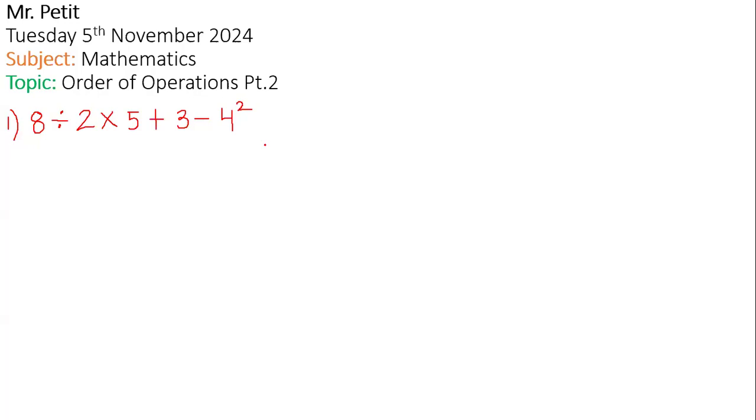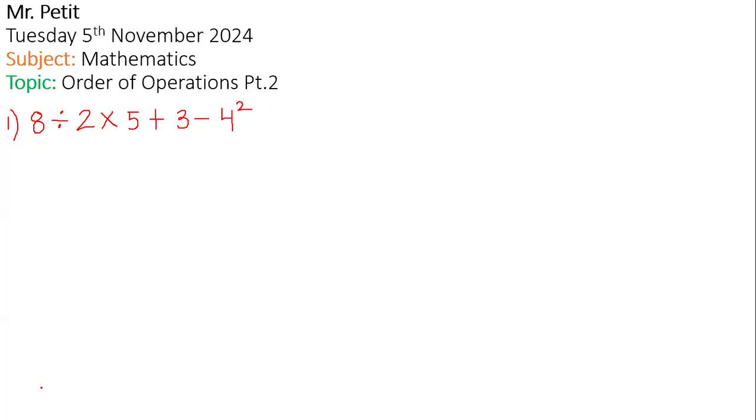Jaden, what you got? 16. And Rodrigo, what did you get? 7. Rodrigo, you said 76. And then who got 11.74? Someone got 11.74. The rest of y'all, what did y'all get? 7. 17. Okay, 17.